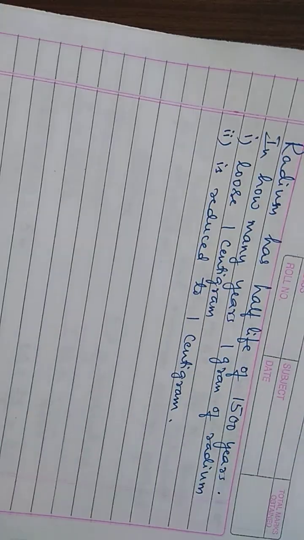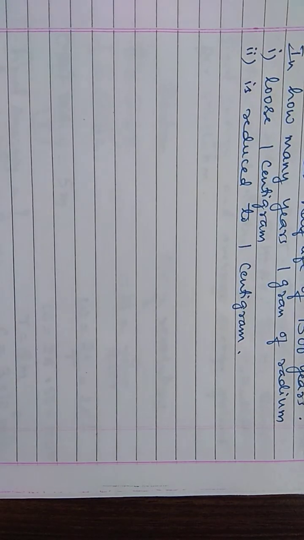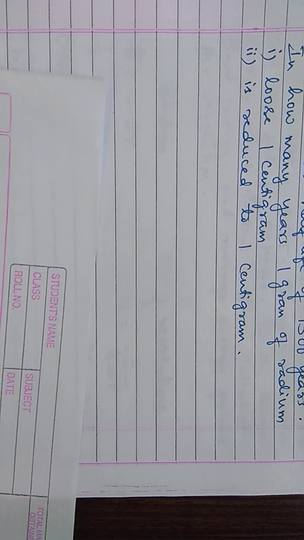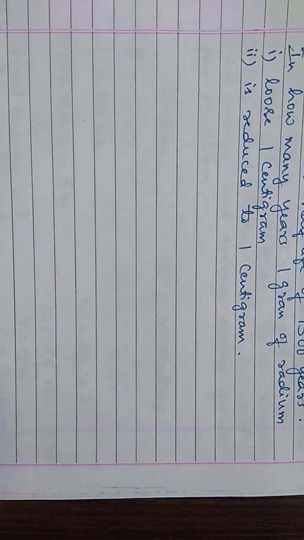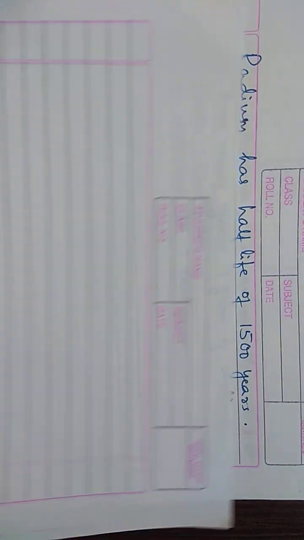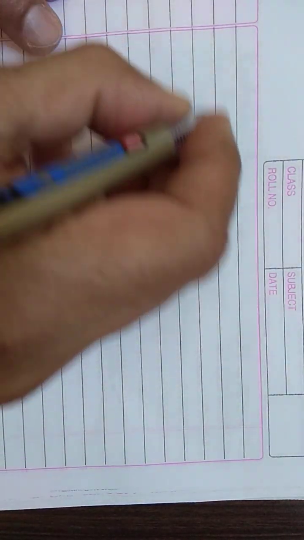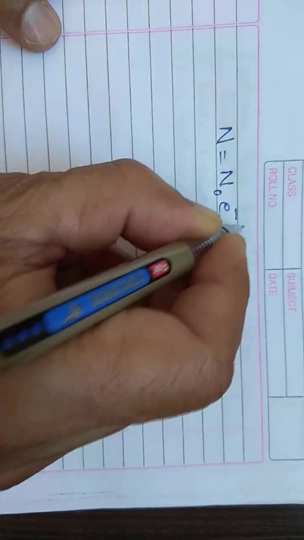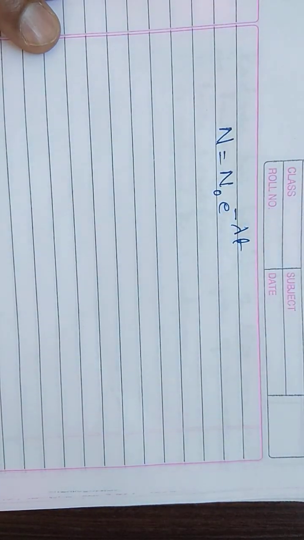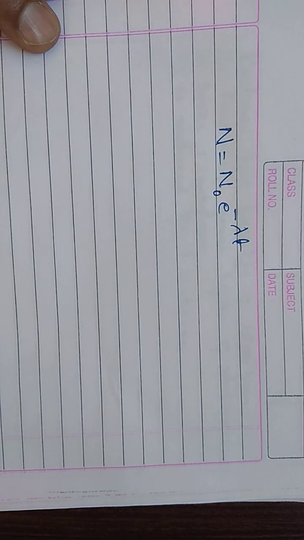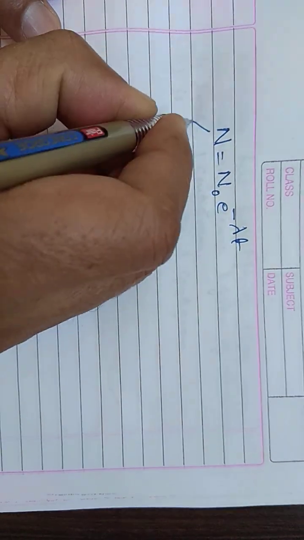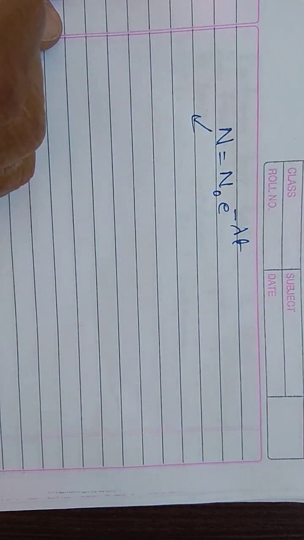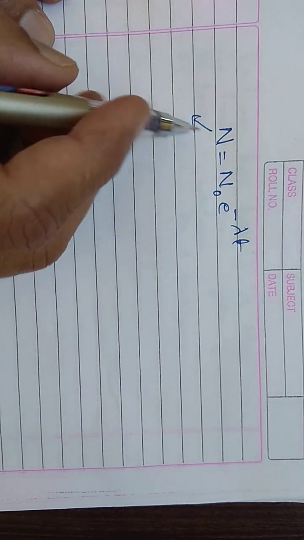Let me think about this concept first. Okay, first I will explain that, then I will take up this particular problem. We know about this particular formula: N is equal to n naught into e to the power minus lambda t. Where N is how many atoms are left behind in the specimen.